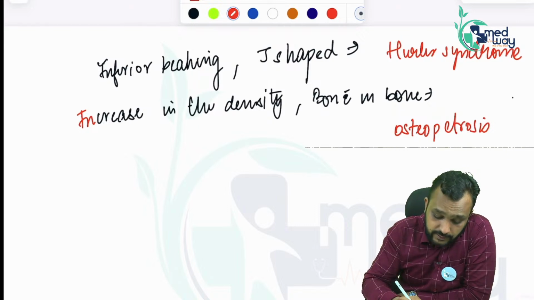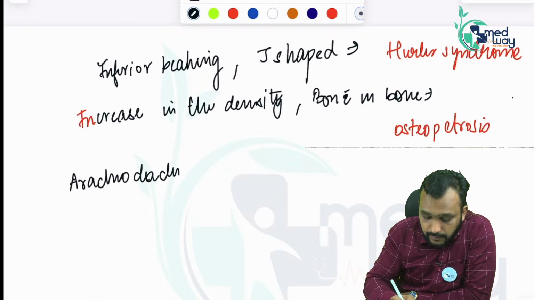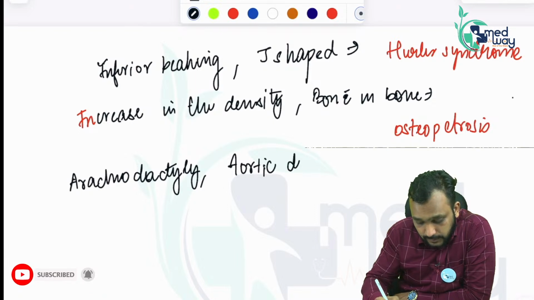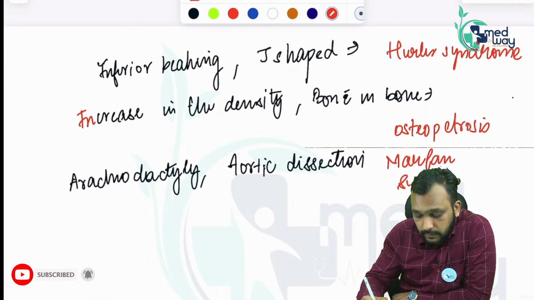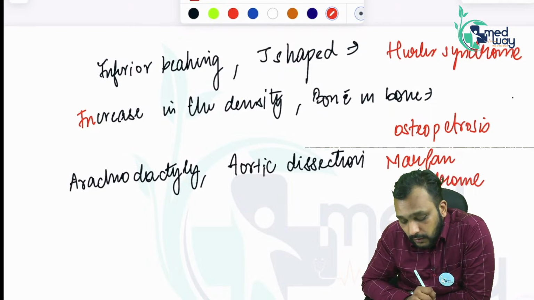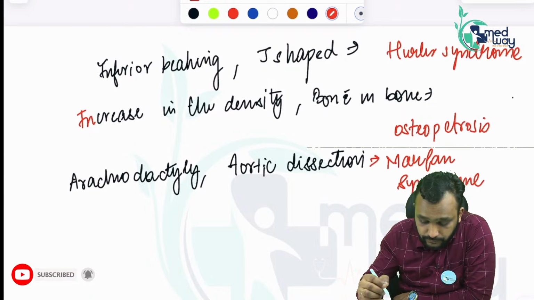Then long fingers, that is known as arachnodactyly, along with aortic dissection. This is seen in Marfan syndrome, right. Long fingers with aortic dissection, Marfan syndrome.